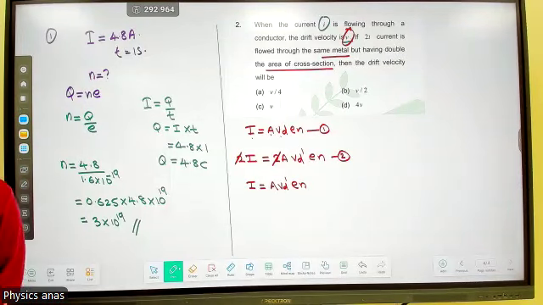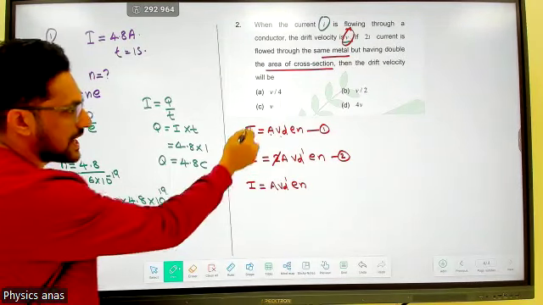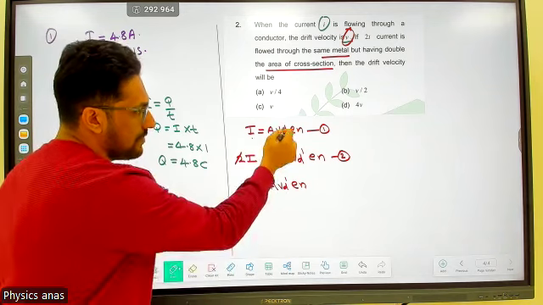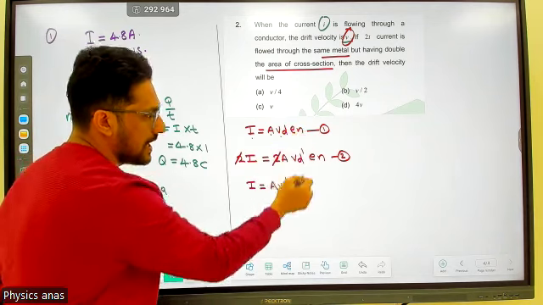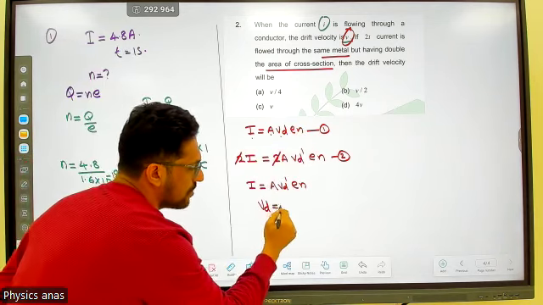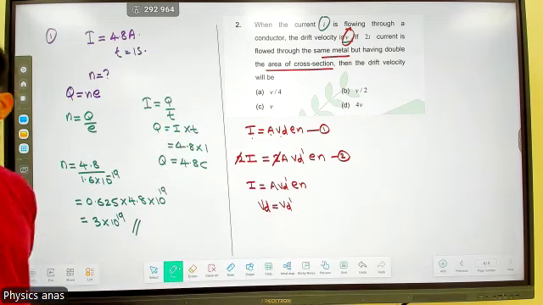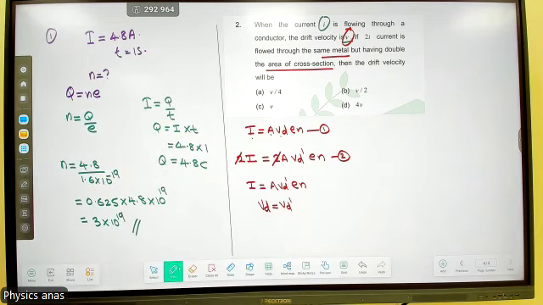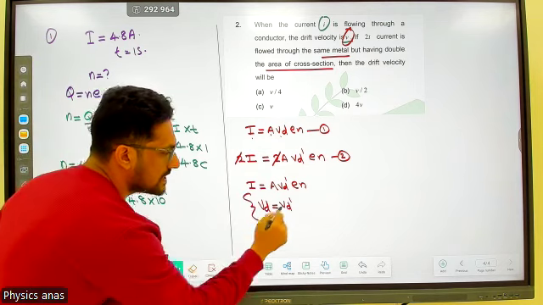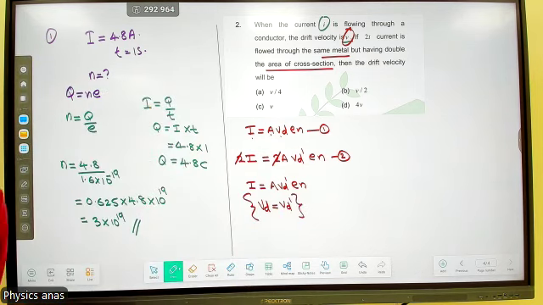Look at these two equations: I, A, v_d, v_d dash, e, n. That means v_d is equal to v_d dash. That means drift velocity is not changing. Understood?